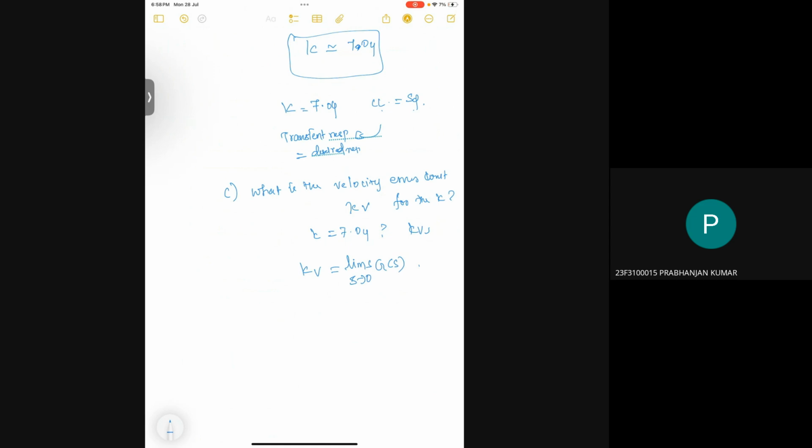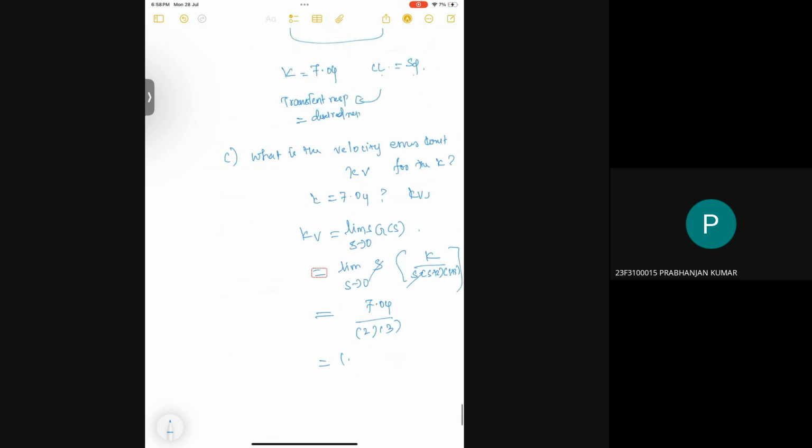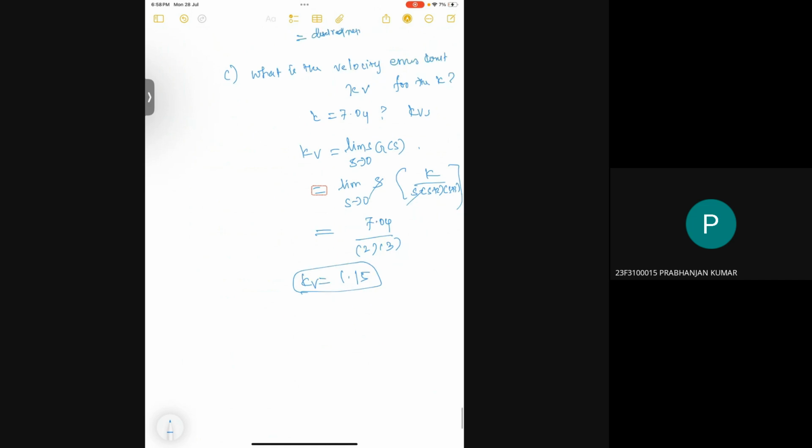Put G of s there: limit s tends to 0 of K by s into s plus 2 into s plus 3, times s. That's it. When s tends to 0, this s will get cancelled. 7.04 by 2 into 3. This will give you some value nearer to 1.1, maybe 1.15, I think. Not sure about it. Similar to 1.1516 it will go.